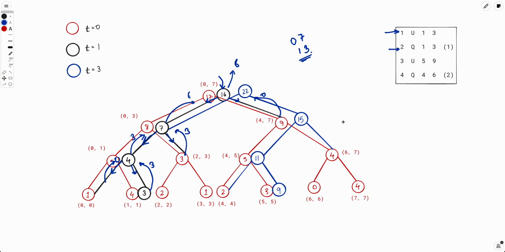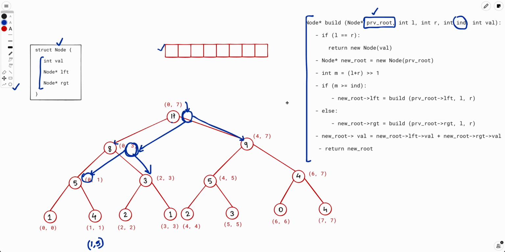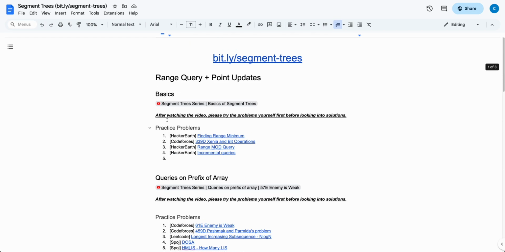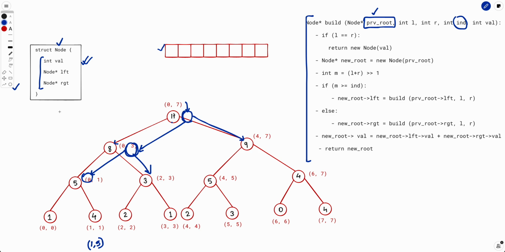For now, as an exercise, what you should do is try implementing the regular segment tree, not the persistent one, using pointers, and try to get one of these problems submitted using the regular segment tree and pointers.